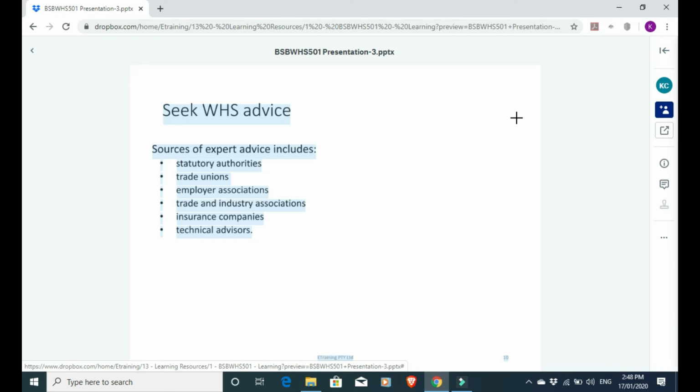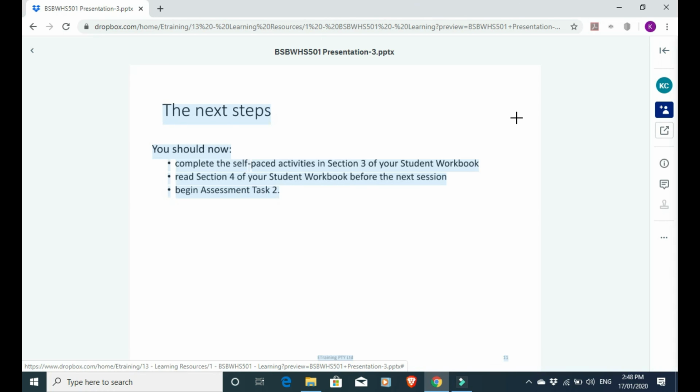And generally, organizations will seek WHS advice from specialists. They'll go to the Fair Work Act Australia to find the latest advice. They talk to unions, they talk to statutory bodies, they talk to employer associations, they talk to the industry associations, insurance companies, technical advisors to help them on how to keep their workplace safe.